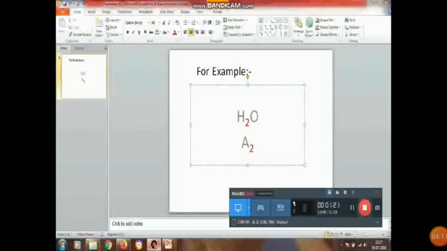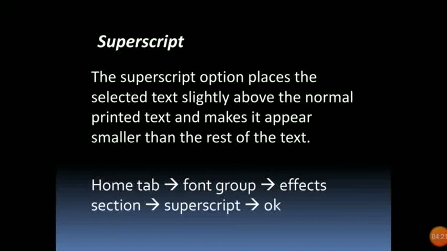Now, next one is Superscript. The Superscript option places the selected text slightly above the normal printed text and makes it appear smaller than the rest of the text. Subscript brings the text below the normal printed text, but Superscript does super, and super means above.